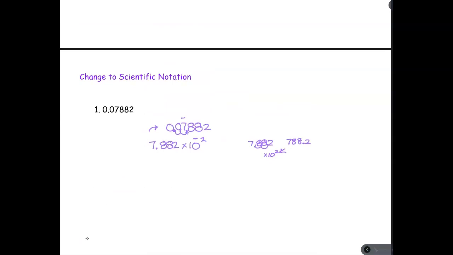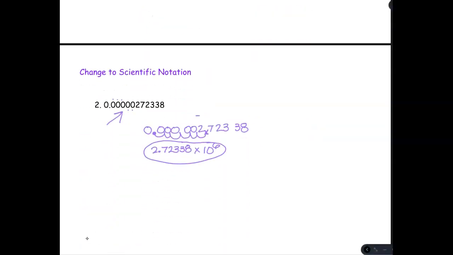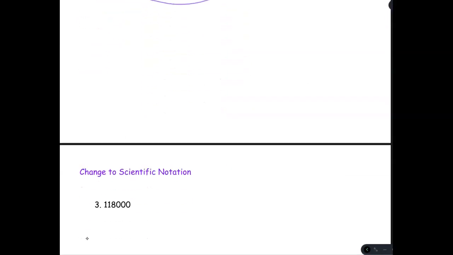Guess what I didn't do back here on this one? I didn't do this. Okay, so I'm going to write my number. I'm going to put where my decimal starts, and then where I want my decimal to end up for scientific notation. One whole number.